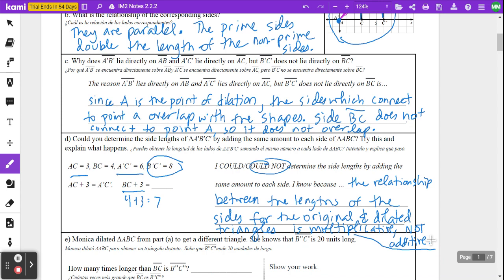If you want a rule that will work for every side, it has to be one that has multiplication.